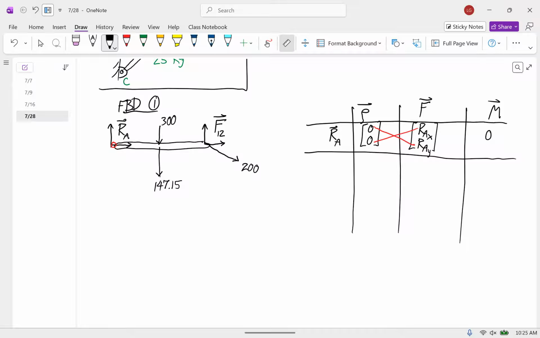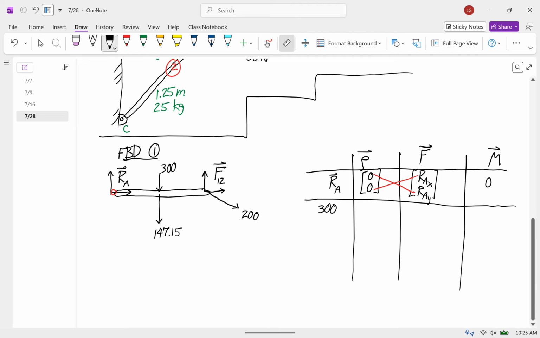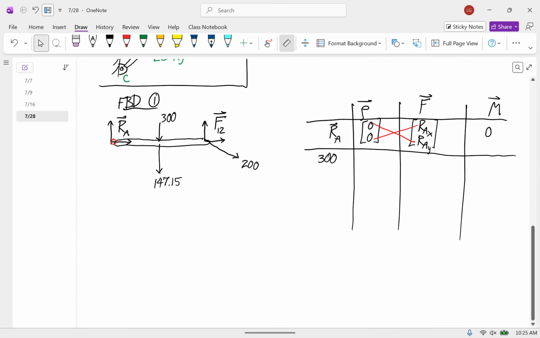And now I'll go to the 300. From the red circled about point to where that 300 is applied is positive 0.375, 0.